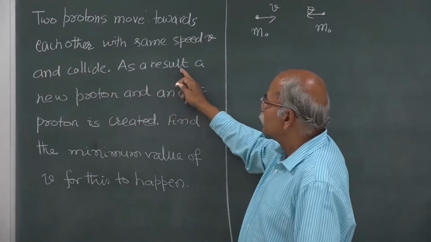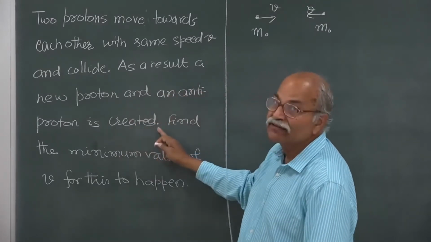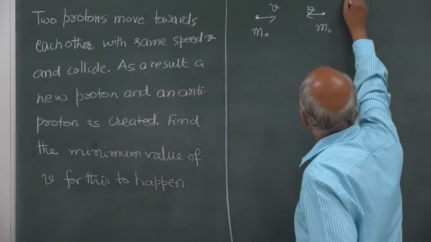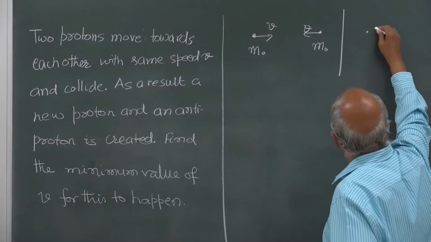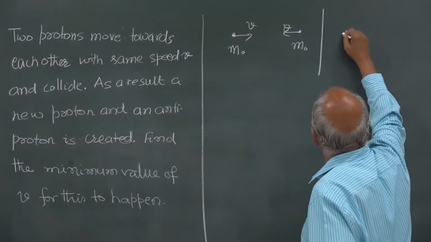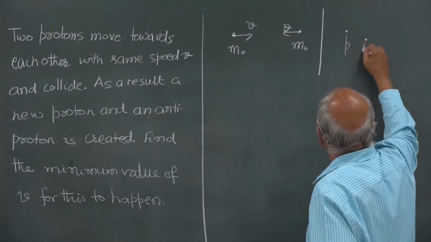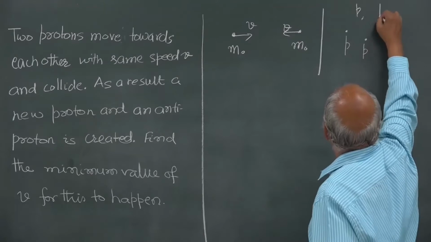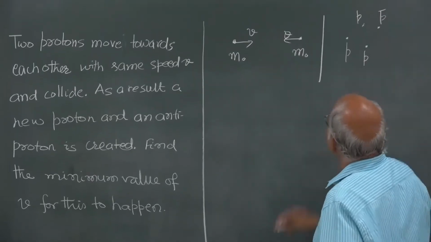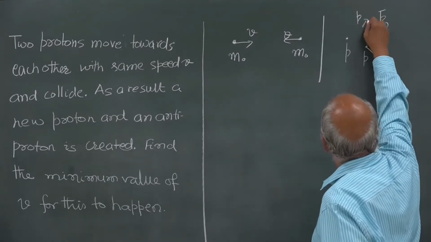As a result, a new proton and an antiproton is created. So, because of this collision, this is before collision, and after collision you have 4 particles now. You have these protons are there, and you have another proton, new proton, and some antiproton. These 4 particles are there, they may be moving in some directions.